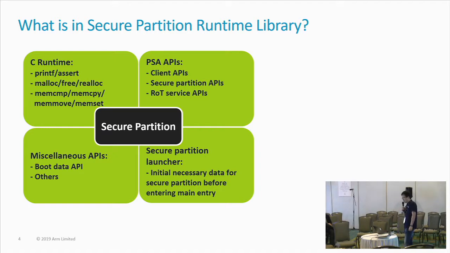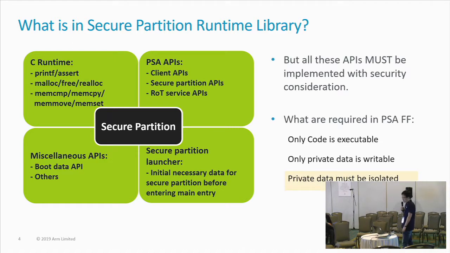Oh, you may think that there are no more APIs and nothing special within them. Yes, of course they are like common APIs, but all of these APIs must be implemented with security considerations. And what is the requirement in PSA for this?